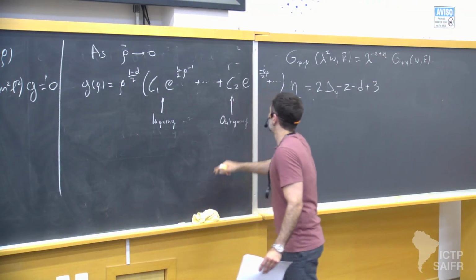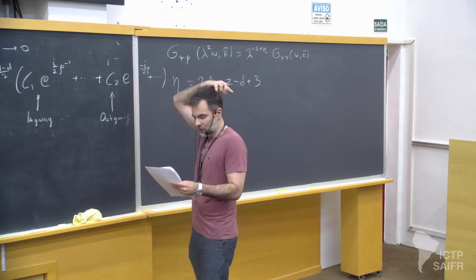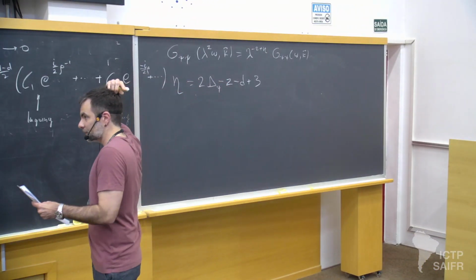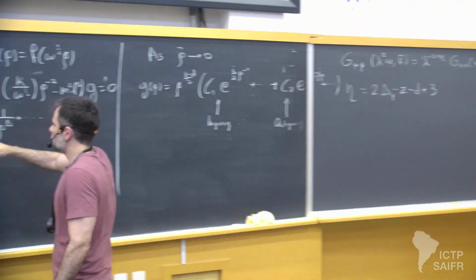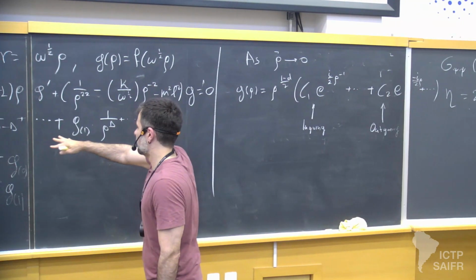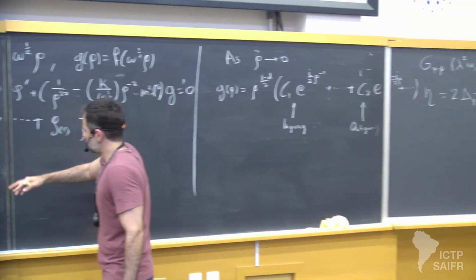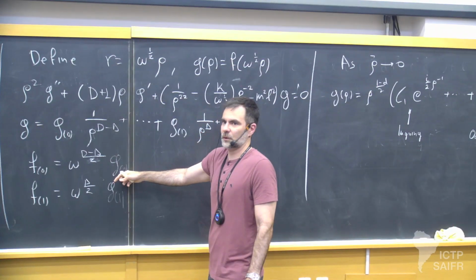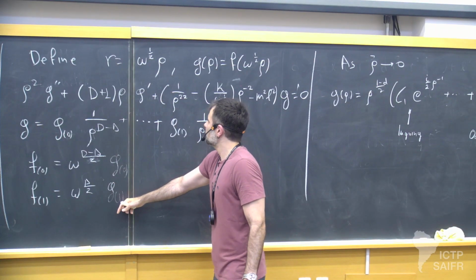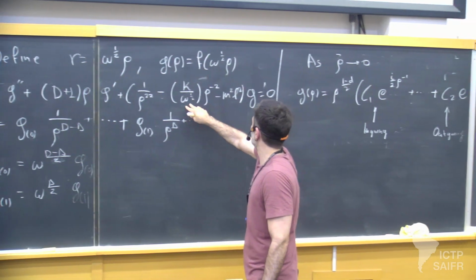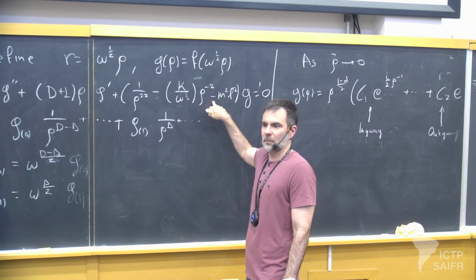But let's pretend that I have set c2 equals 0. Then, in terms of the g function, if I set g naught equals 1, then g1 can only be a function of these two numbers.